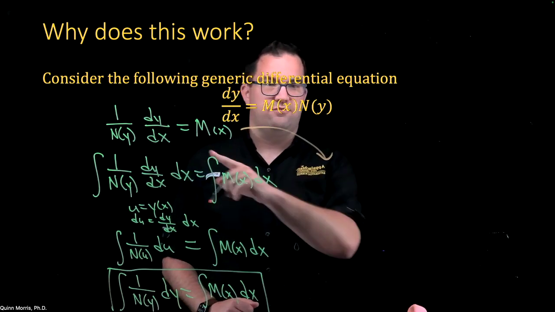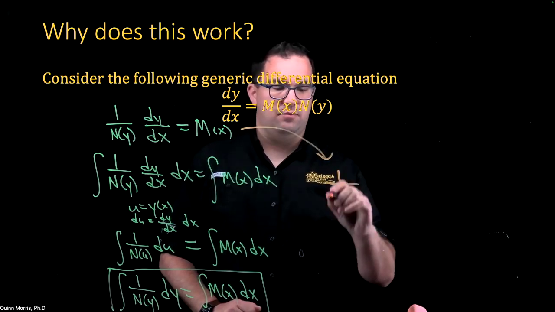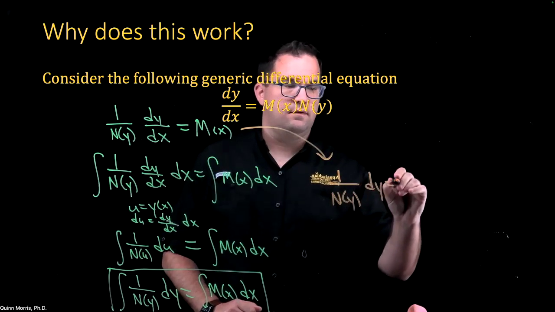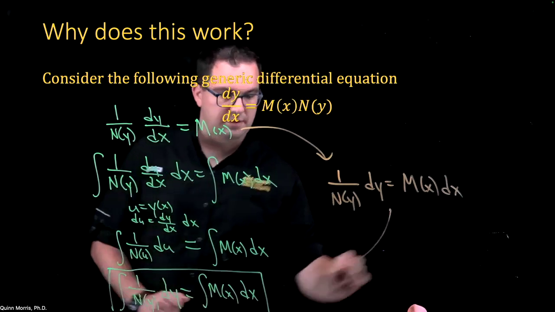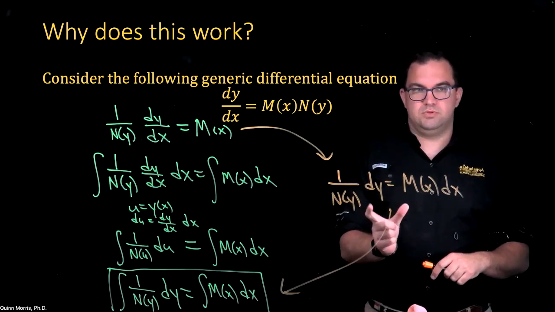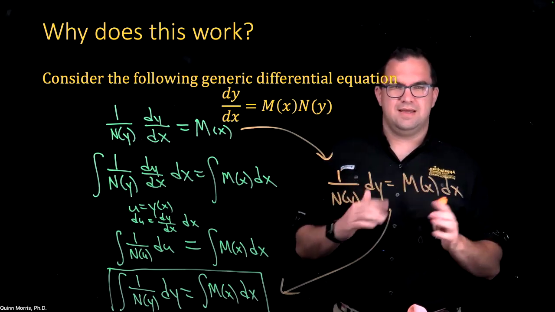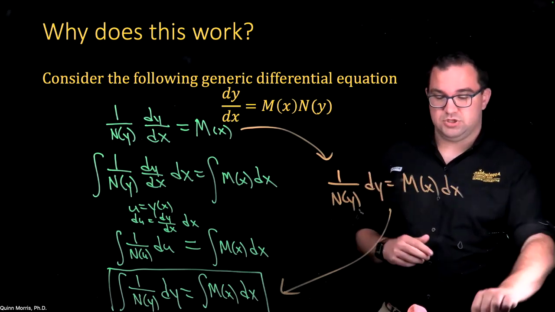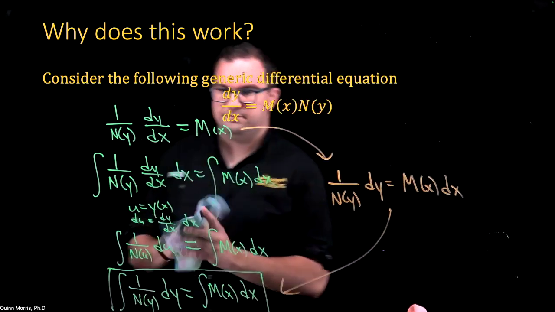If I had treated dy dx like a fraction, I could take this, multiply both sides by dx, and I'd end up with 1 over n of y dy is equal to m of x dx, and then simply integrating both sides would get me here. So often we will use this shorthand to just quickly get to the correct integral we want, even though there's some symbolic manipulation in the middle that maybe isn't rigorously mathematically justified. It still ends us up in a place that is rigorously mathematically justified.